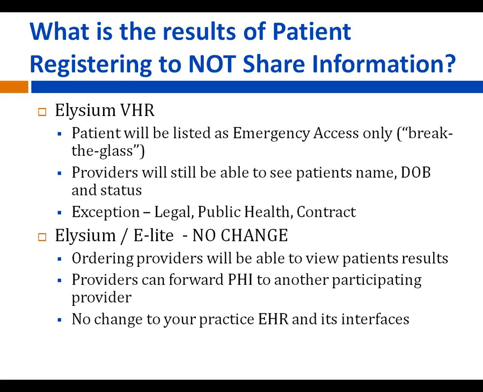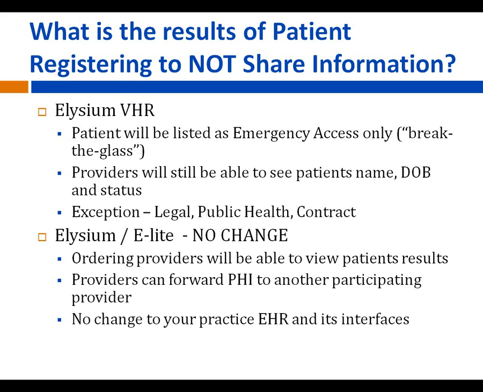So one of the things we expect to see is how our numbers compare with other places like Rochester or some places in Nebraska that are really aggressively enforcing this. So again, if a patient has said, no, I do not want to share my data in the Elysium VHR, the patient will be listed as emergency only.